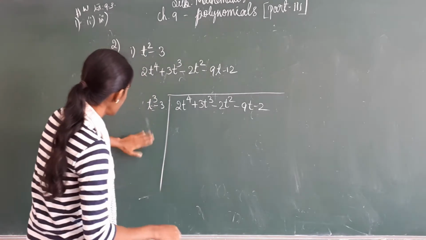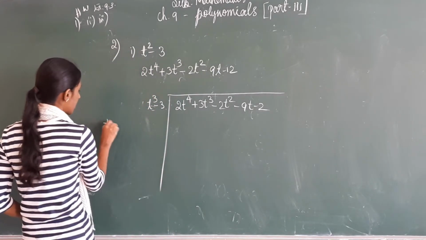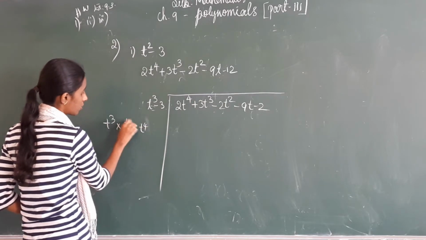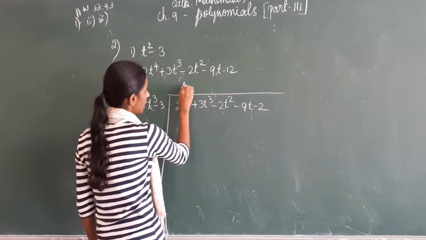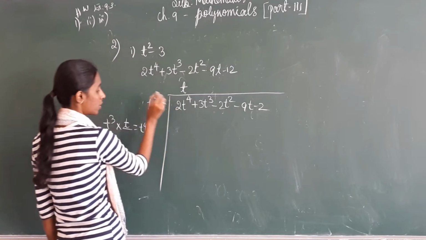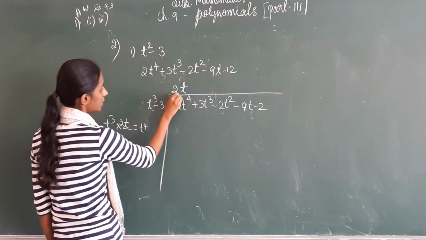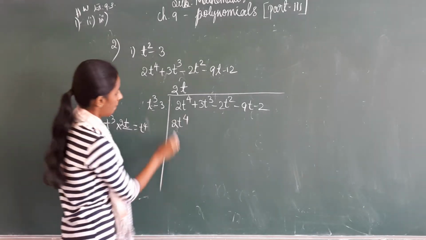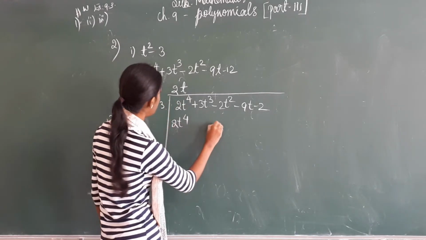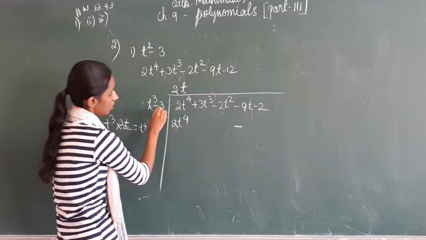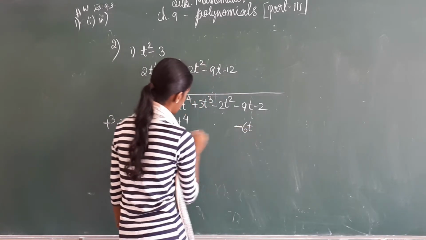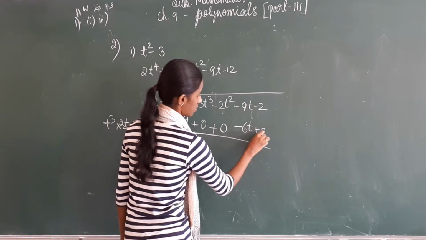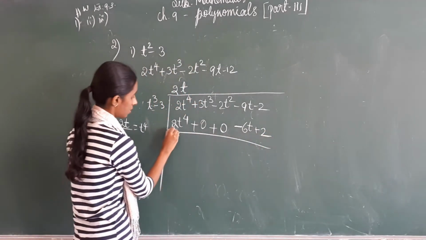So t cube into how much will give you t power 4? t cube into t, isn't it? t cube into 2t is 2t power 4, and minus 3 into 2 is minus 6t.